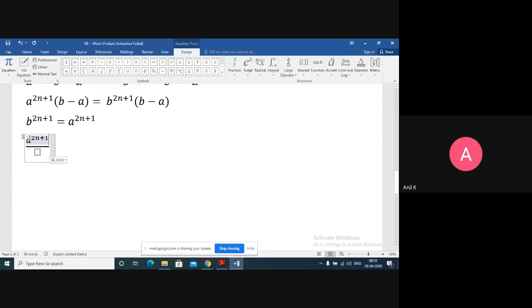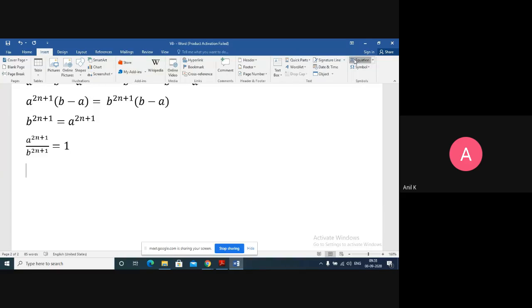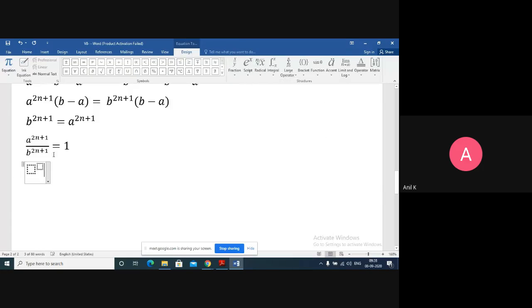So it will come as a to the power of this one, here also it will come, b will come actually, equals 1. So next step, the powers are the same, so we can do it such a way.